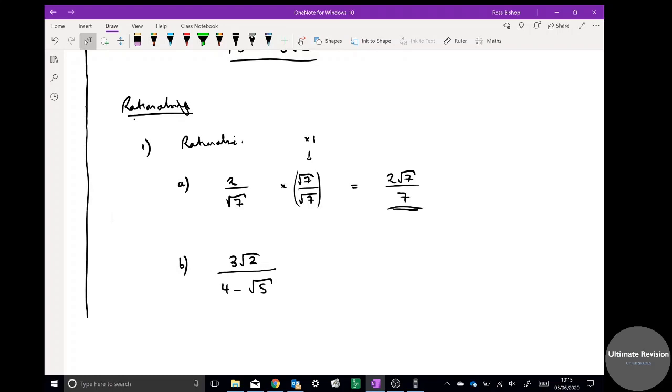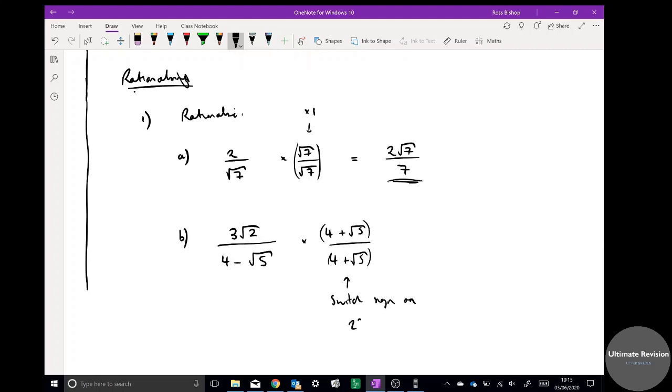But what you would need to do is multiply by exactly the same, but you switch the sign on the second term.